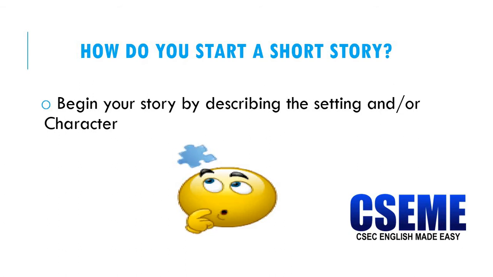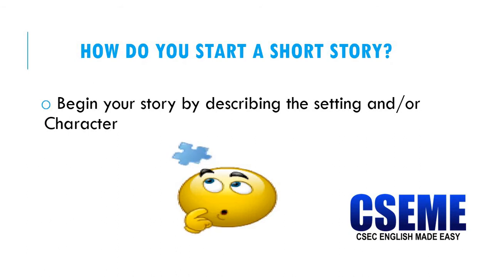Remember we said when we looked at the elements of the story that presenting or describing the setting and/or character is very essential. Remember that we need to give our reader some kind of context.